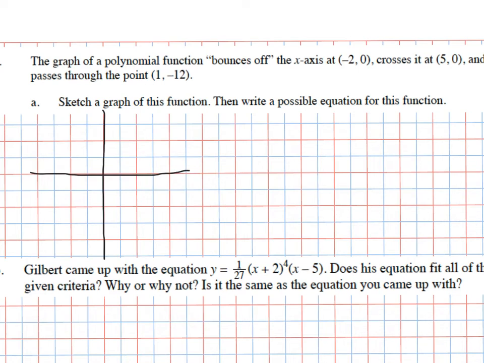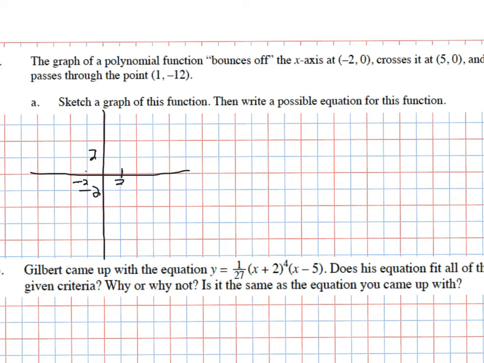It bounces off at negative 2, 0. So I'm going to count by 2's. So each tick mark represents 2 units.